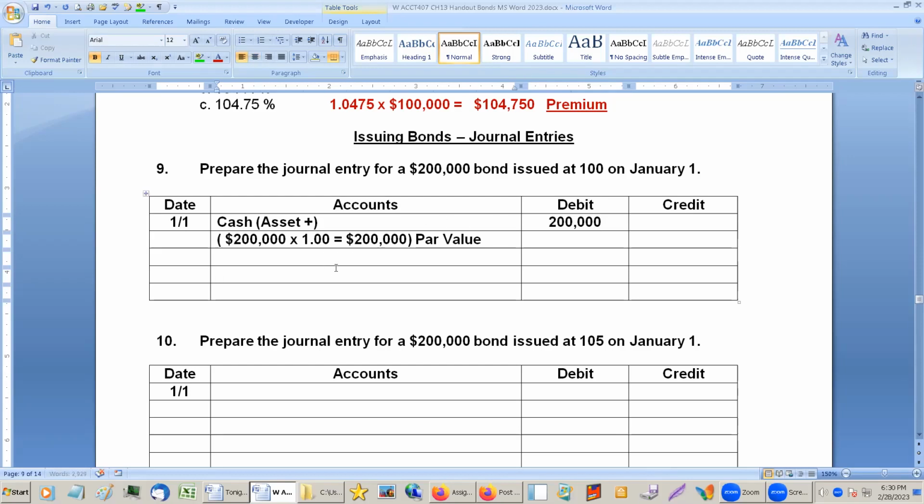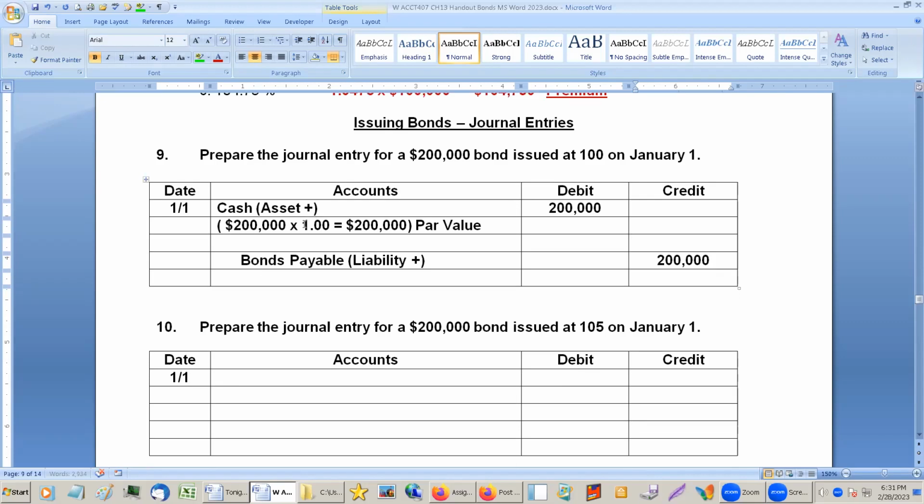And we will have a liability of bonds payable. And that's a liability going up. We now owe 200,000. And there is no premium or discount because if it's sold at one, it's at par value.